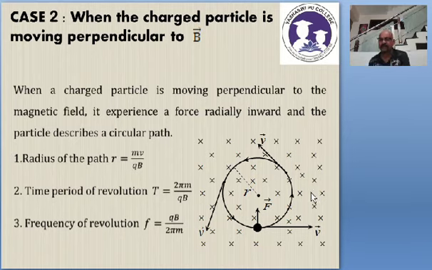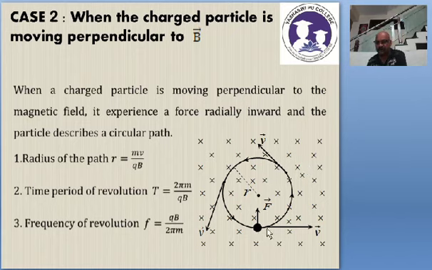As I have told you, the cross mark represents the magnetic field applied perpendicular to the plane of the paper and inwards.